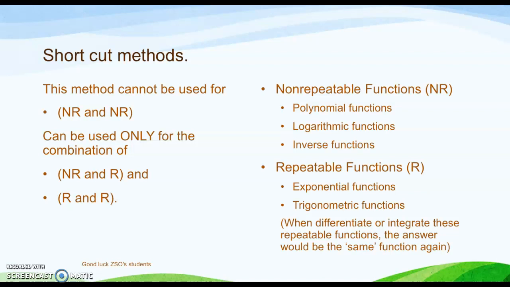For example, exponents: e to the power of x, differentiate again, you will get e to the power of x. Trigo: you differentiate sin x, it will be cos x, and cos x integrates to be the trigo itself. Non-repeatable is when you have polynomials. Polynomials means when you have 2x, differentiate to be 2. So logarithmic and inverse also. You need to remember these things.